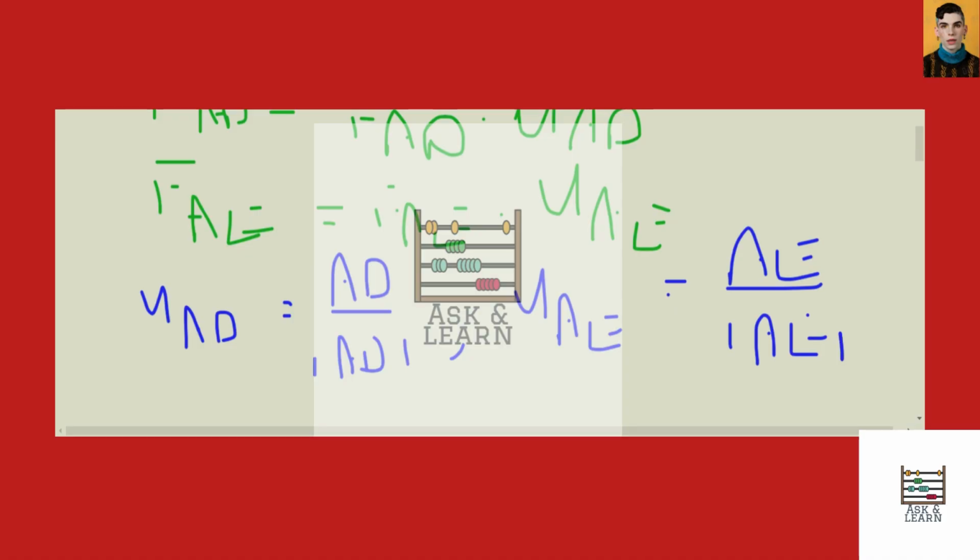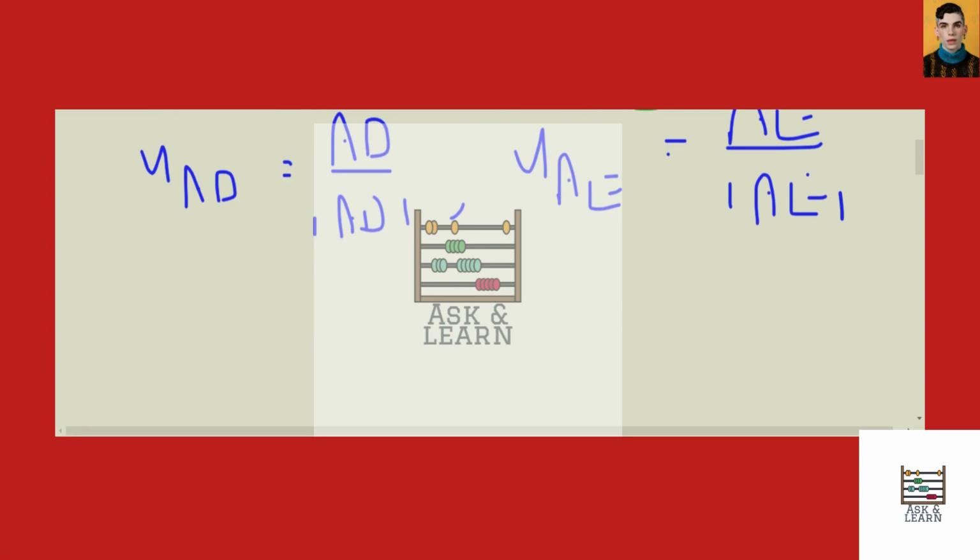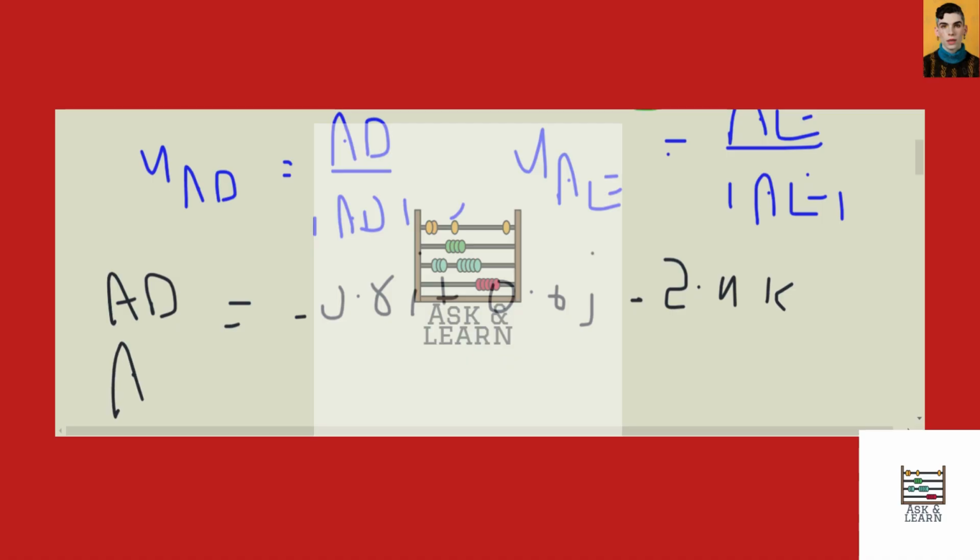The vectors AD and AE can be found from the free body diagram, and it is AD is equal to minus 0.8i plus 0.6j minus 2.4k, and AE is equal to 0.8i plus 1.2j minus 2.4k.